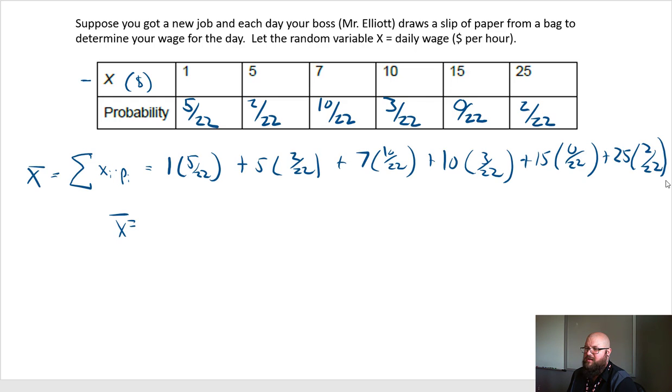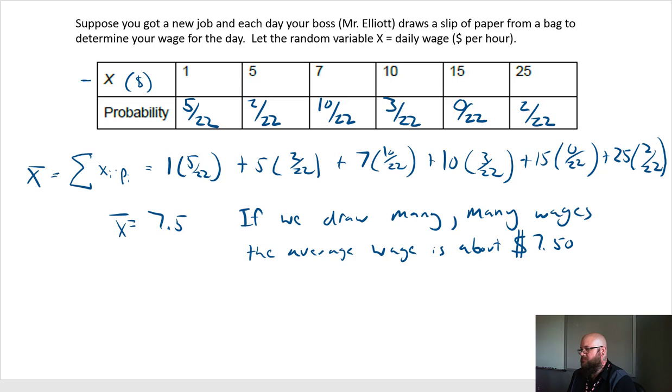Once we've written out all of our x values times their probability and summed them all up, the mean value with our calculator should come out to 7.5 with this data I have presented to you right here. So what that is telling us is if we draw many wages, the average wage is about $7.50.